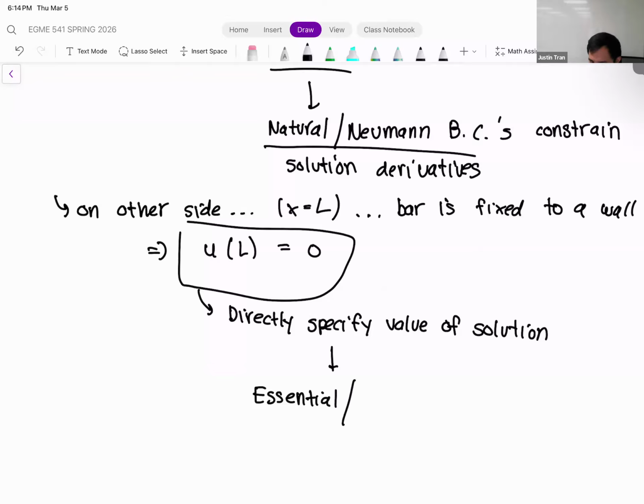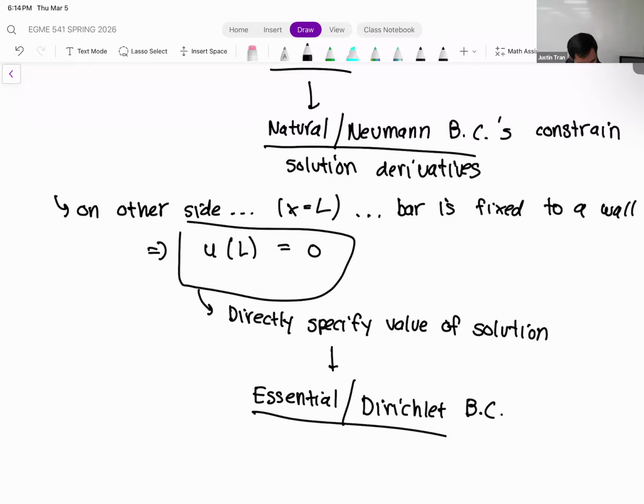That's the FEA term for it. In FEA textbooks and papers, you'll see the term essential boundary conditions, but the mathematical term for it is a Dirichlet boundary condition. Which term you use is honestly personal preference. Most people know both, but I learned it first as Dirichlet boundary condition, so you'll probably hear me naturally refer to that. They mean the same thing.